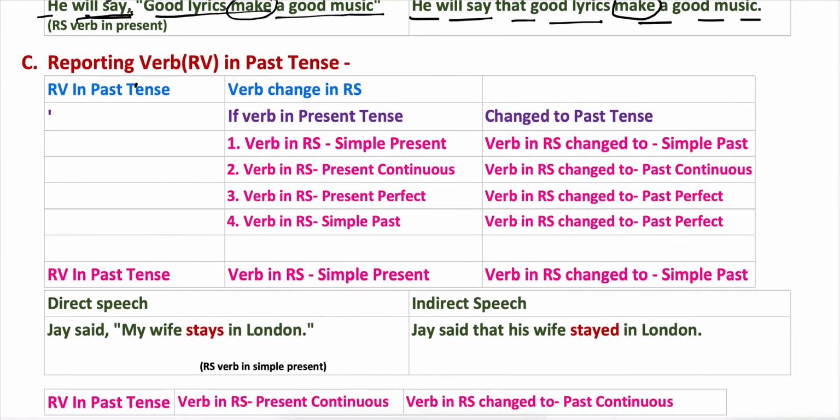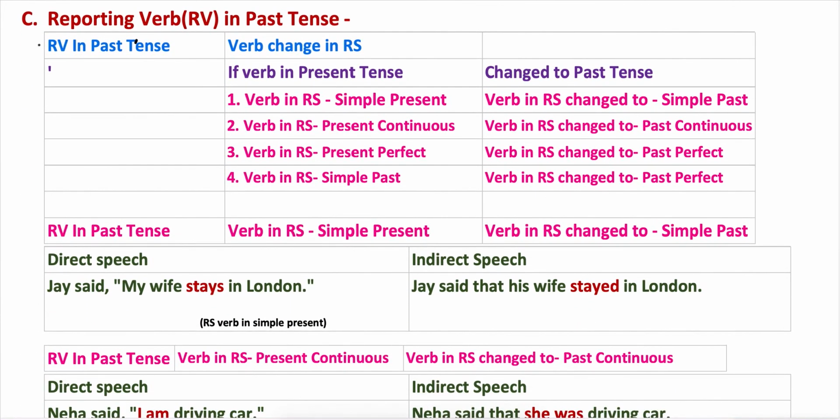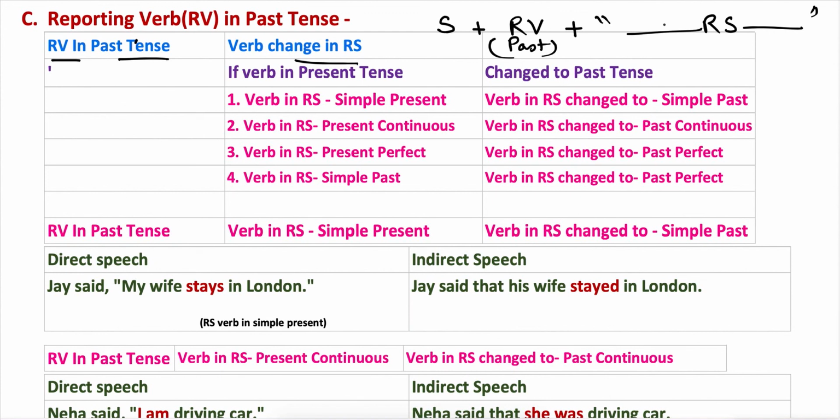So these are the four cases when the reporting verb is in past tense, the verb of the reported speech changes. Speaker, reporting verb, which is in past, and this is the reported speech. Now this is fixed that the reporting verb tense is past only.